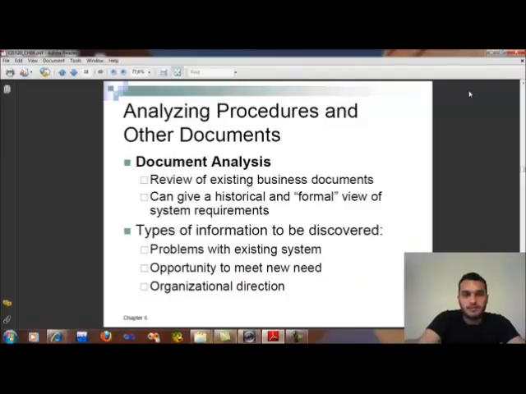And analyzing procedures and other documents. Document analysis, a review of existing business documents, can give a historical and formal view of system requirements. The type of information to be discovered is problems with existing systems, opportunities to meet new needs, and organizational direction.